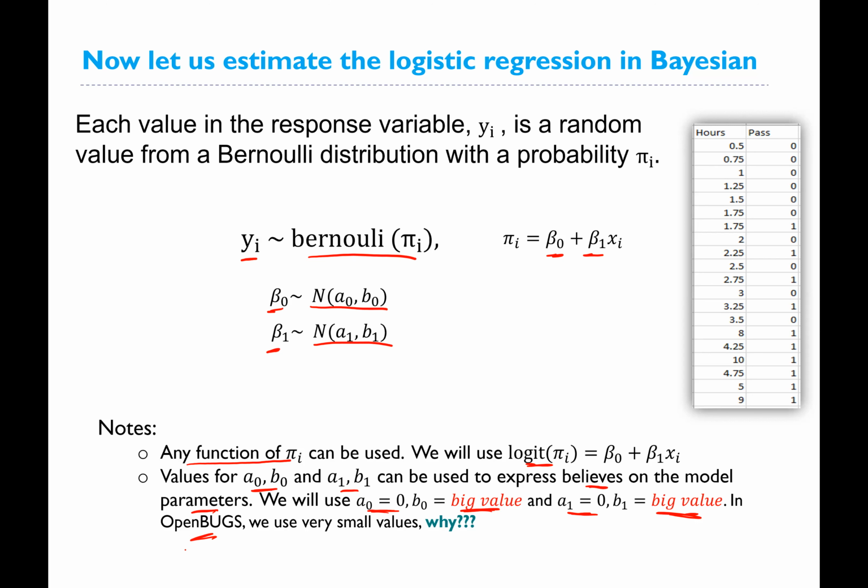In OpenBUGS, they use a very small value. Why? Because they use the precision and do not use sigma squared. So if you use precision, a very small value for beta 0 and beta 1 represents a very big value for the variability.